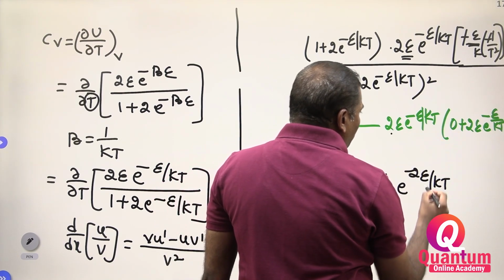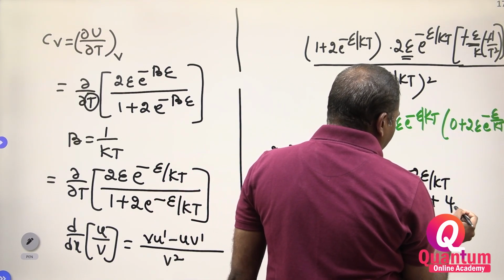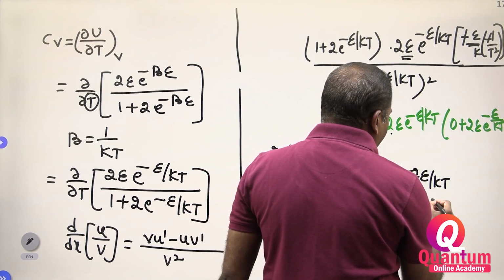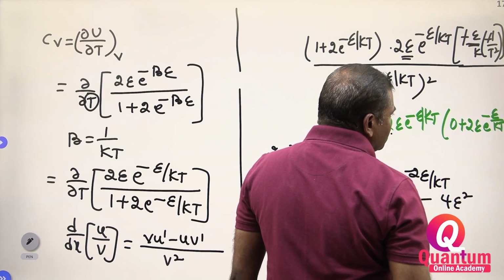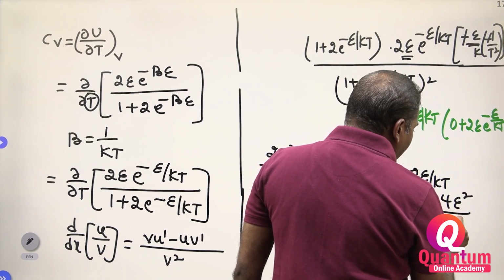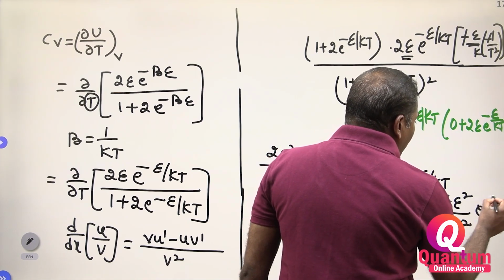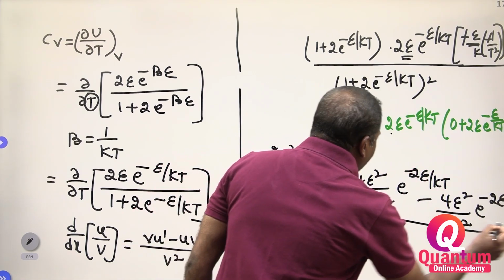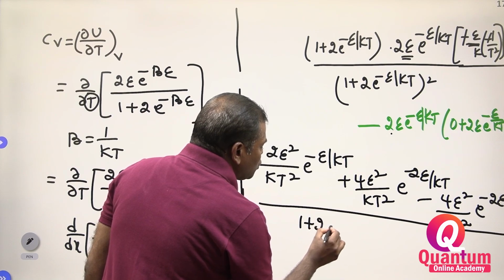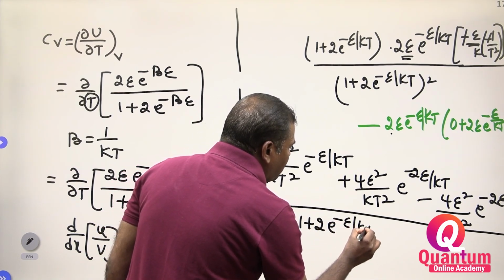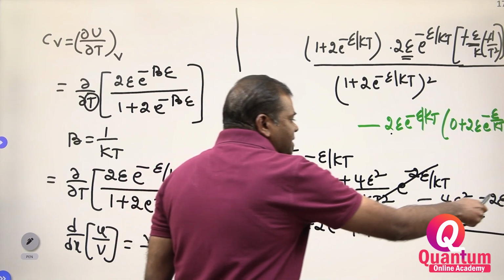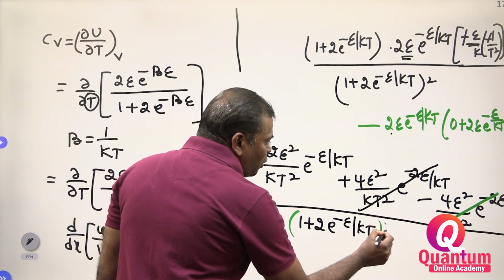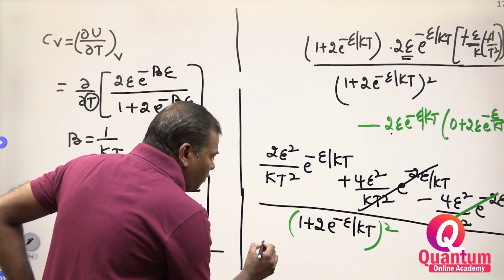Here you have to see 4ε² plus 4, it is a minus because minus into minus is plus, this one is a minus. Minus 4ε² divided by kT² e^(-2ε/kT), total divided by (1 plus 2 e^(-ε/kT)) whole square. Minus plus get cancel, right? Next, what is the remaining thing? The whole square is there, no?